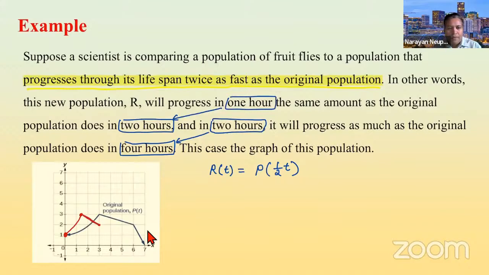And then finally, let's look at this one. Here at t equal to 7, the line has come down to 0, or the population has decreased to 0. Meaning of that is this new population will do the same thing twice as fast. That means it will not take 7 as the time. It will take half of 7.